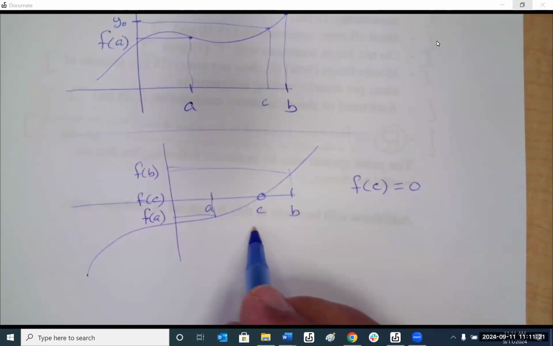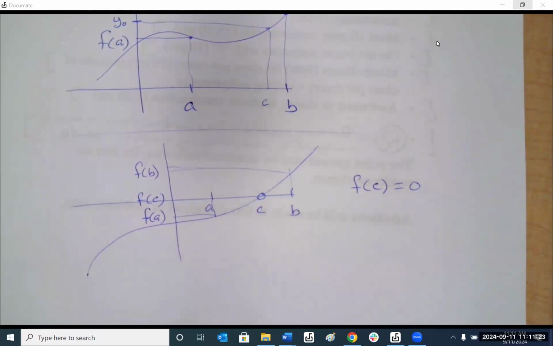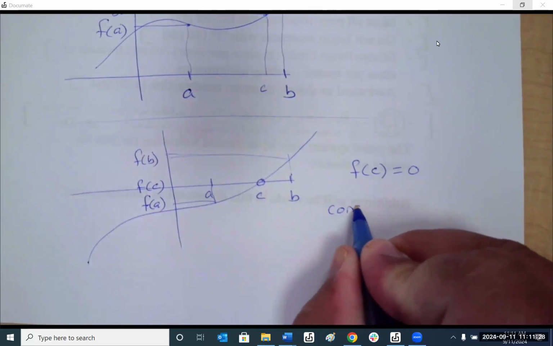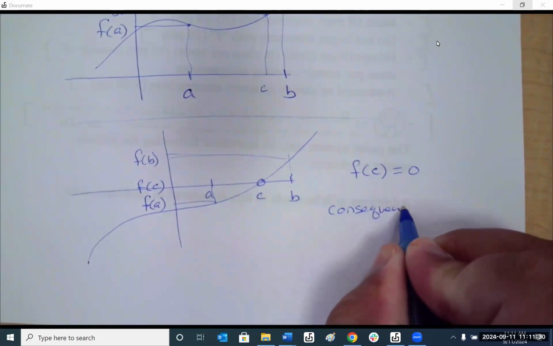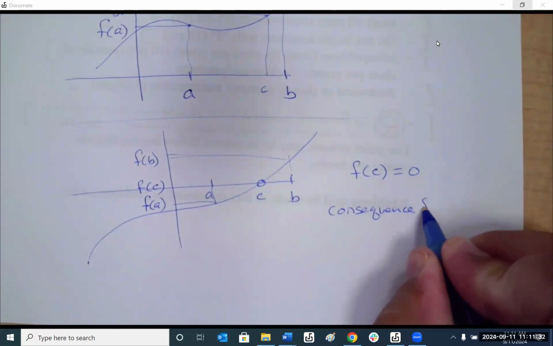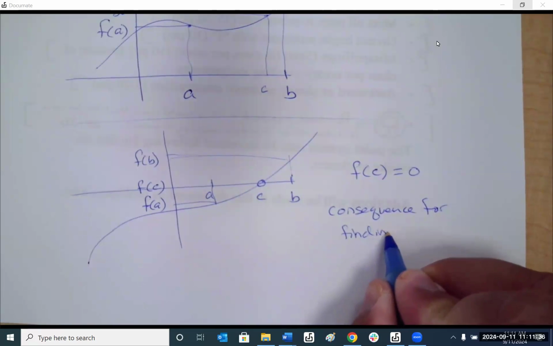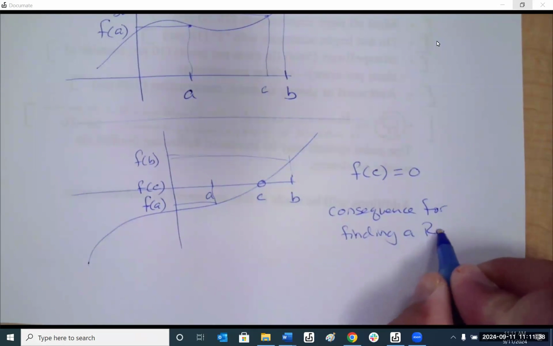This concept here, what we learned, that was the consequence for finding a root.